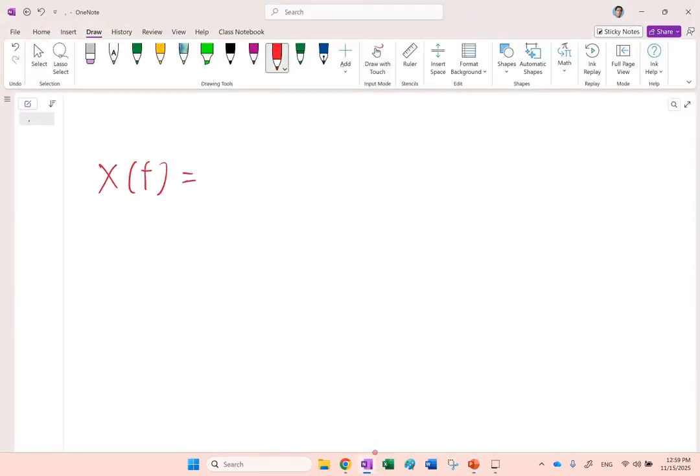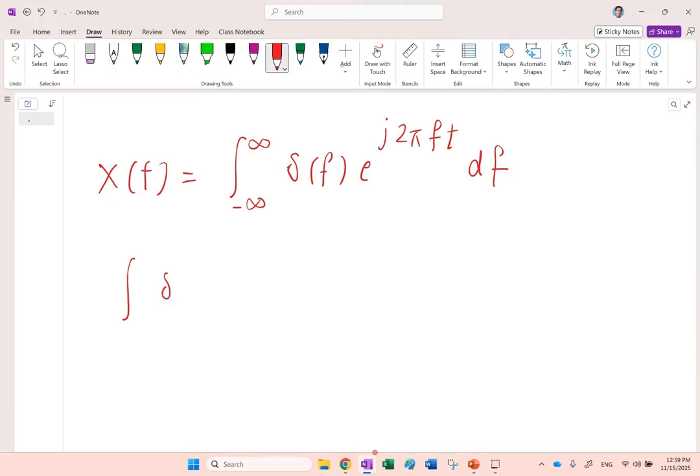So x of t equals the integral from negative to positive infinity of delta of f times the positive complex exponential, integrated over frequencies. And remember the property that I told you, that the integral of delta of f, and any other function of f, let's say g of f, df, if you integrate it over the whole range from negative to positive infinity, this is just going to be g at 0.